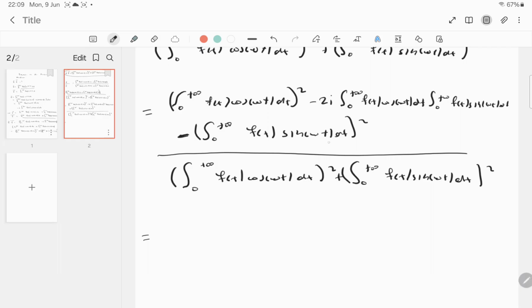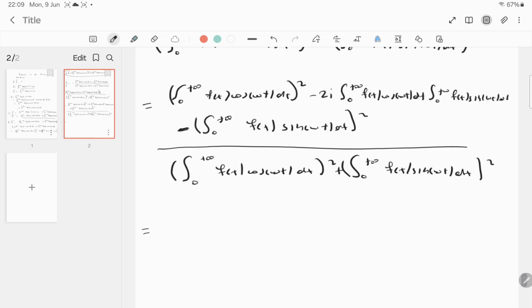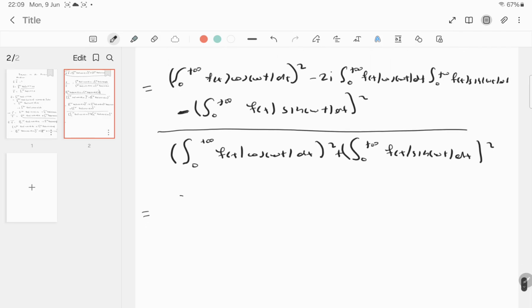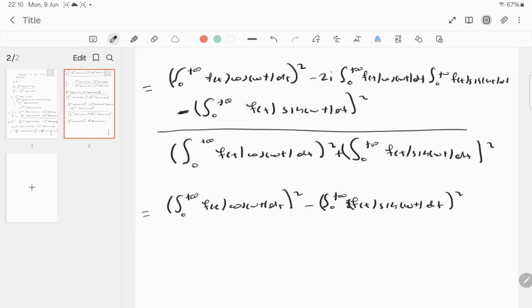Now the real part of that, I separate my complex number. I just polish the formula a little bit.